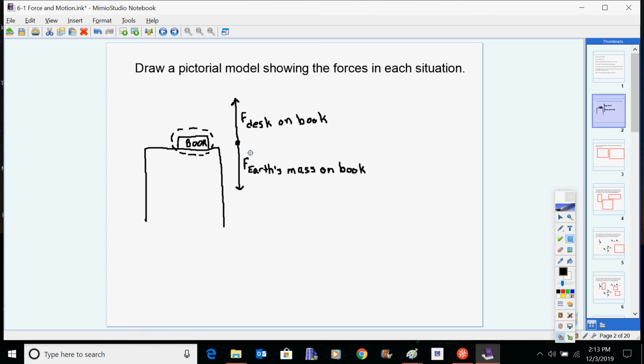But if that were the only thing acting, it would just pull the book down, and it would go toward the Earth with nothing to stop it. So in order for this book to be still on the table, there has to be an equal and opposite force. And that's the force of the desk on the book, if the book is sitting on a desk.